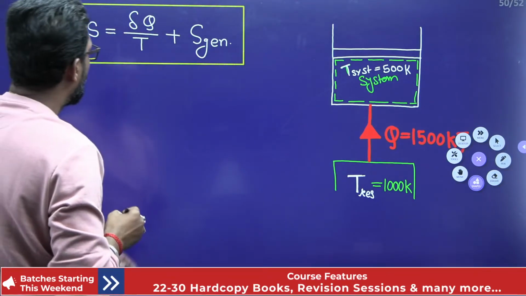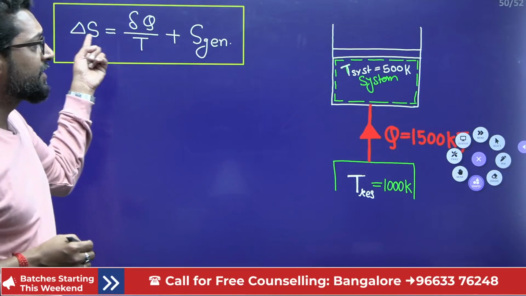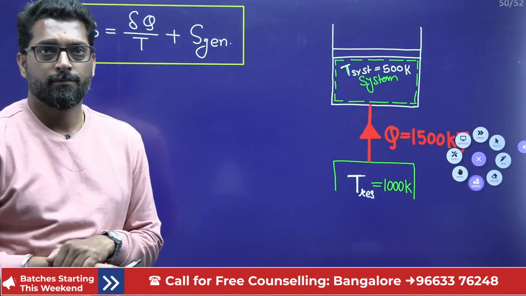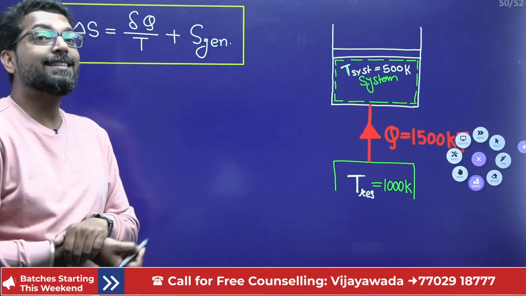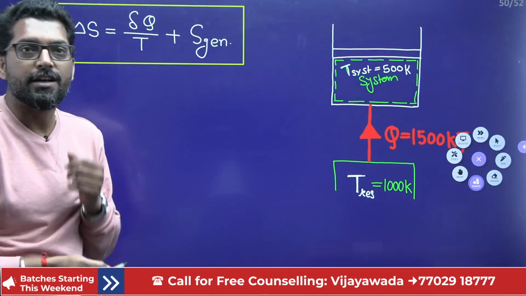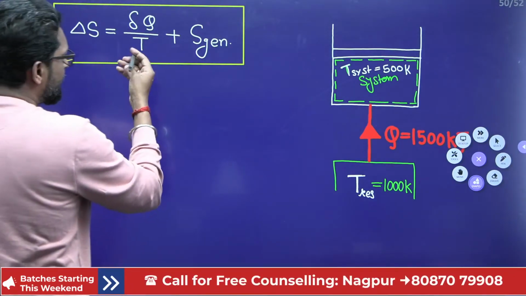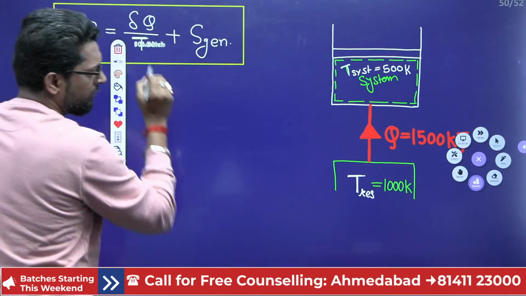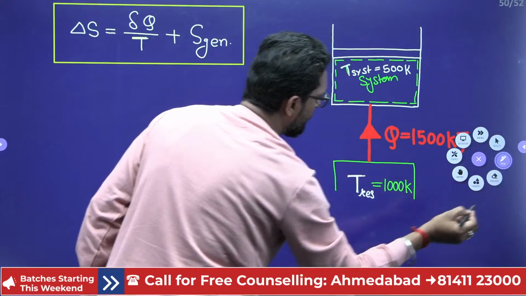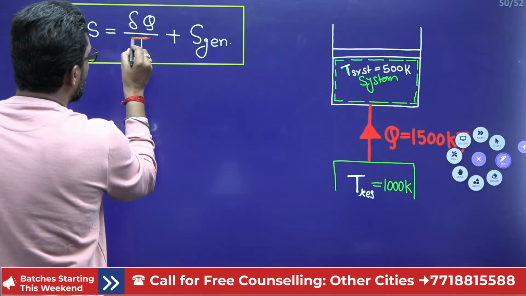This is the entropy change of the system, and this is the entropy generation. So, what is this temperature? Which temperature can we put here?